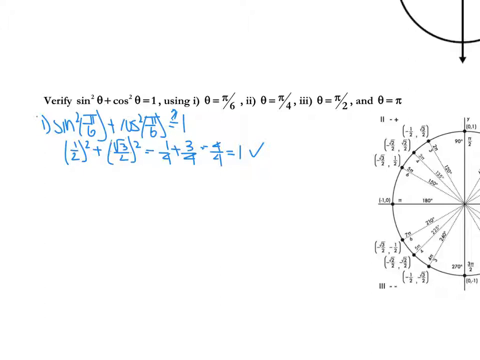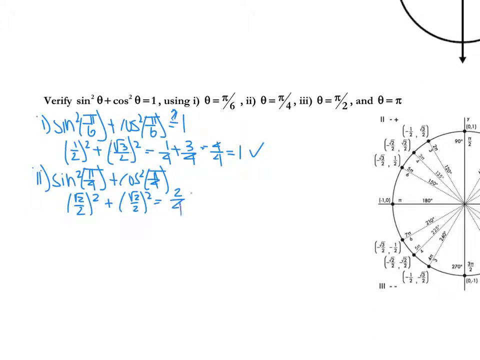All right, so let's go to the second one. So we're going to do the same exact thing, but for pi over 4. And does that equal 1? So that gives me (root 2 over 2) squared plus (root 2 over 2) squared. So 2 over 4 plus 2 over 4.